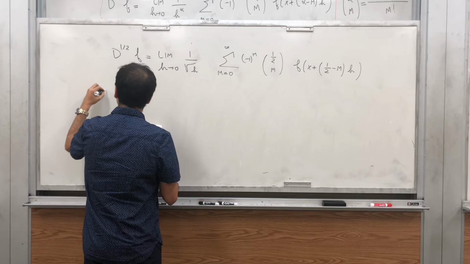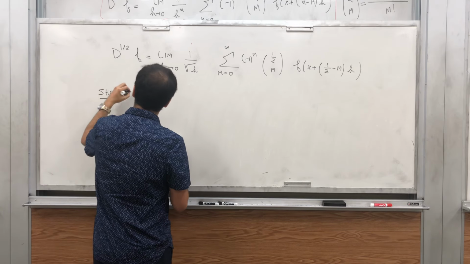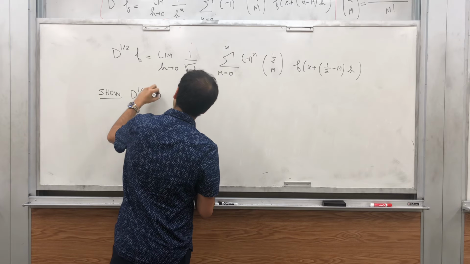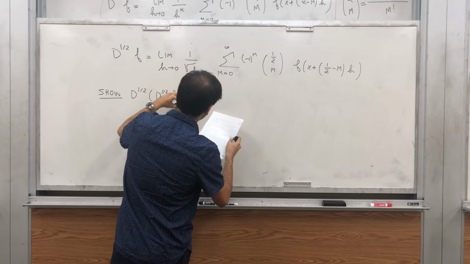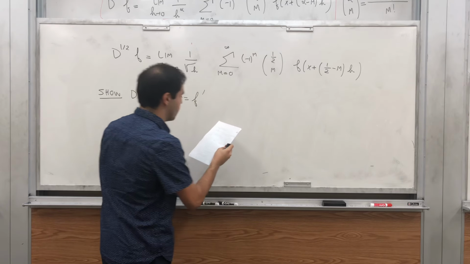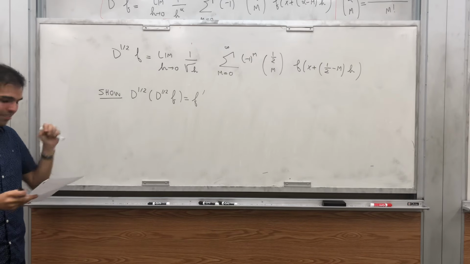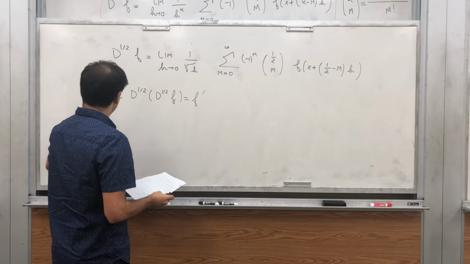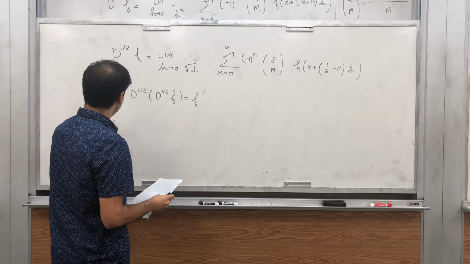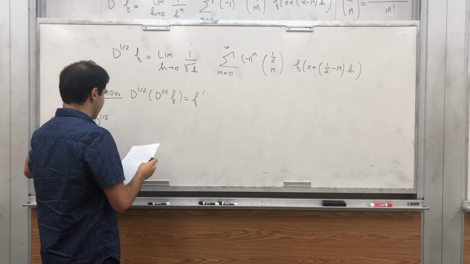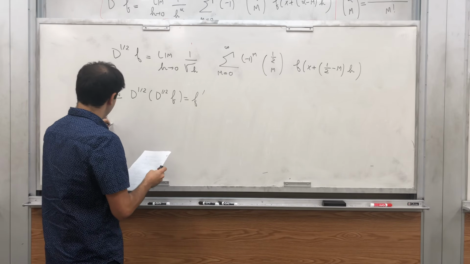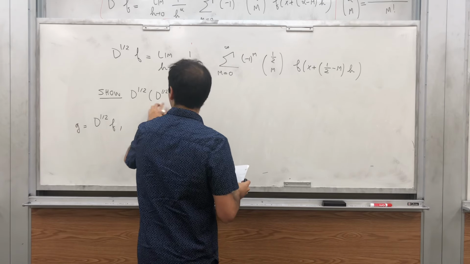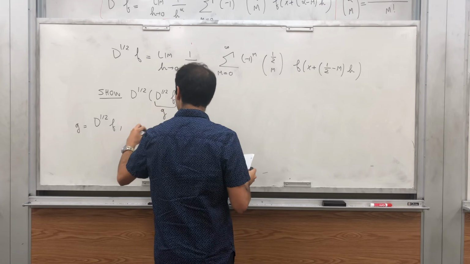Namely, what I want to show today is that the half derivative of the half derivative with this definition indeed gives you f prime. And it's a very beautiful formula. Because suppose let g be the half derivative of f. And let's calculate the half derivative of g.